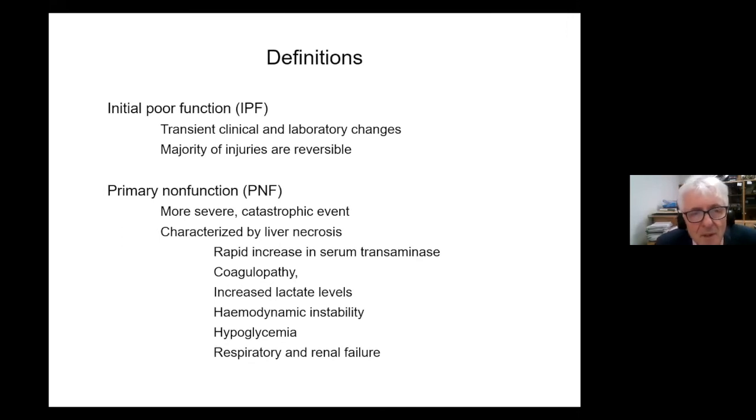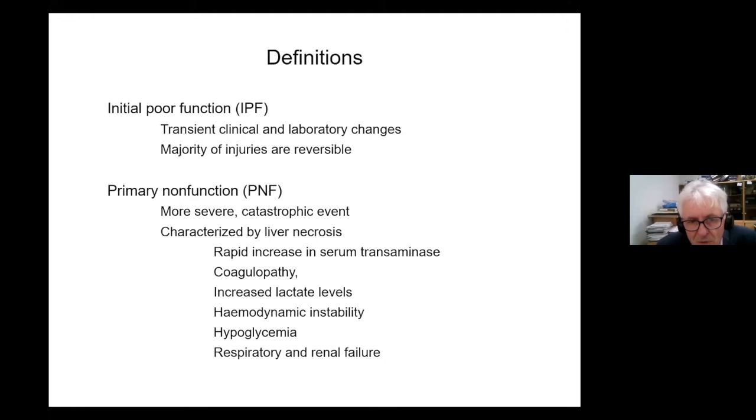So the definitions for cadaveric transplantation are what's now called initial poor function. Those have been well described in the living donor situation, where there are transient clinical and laboratory changes, and the majority of injuries are reversible. It's a spectrum through to primary non-function, but the obvious cases are really very catastrophic.